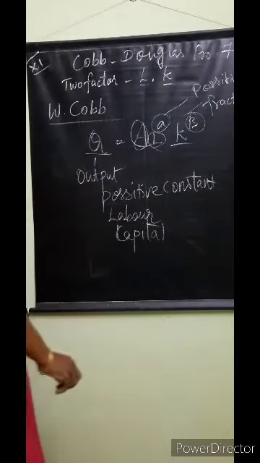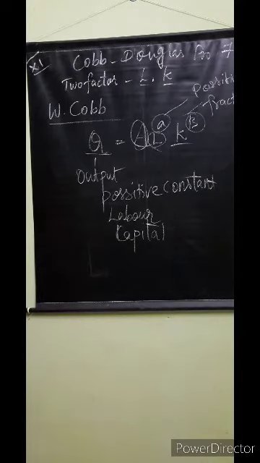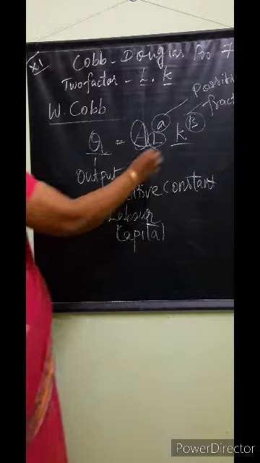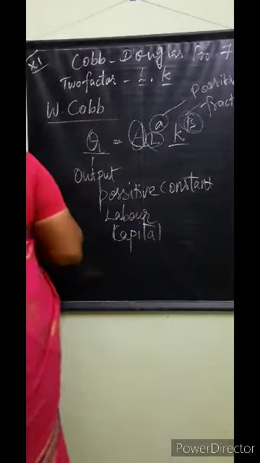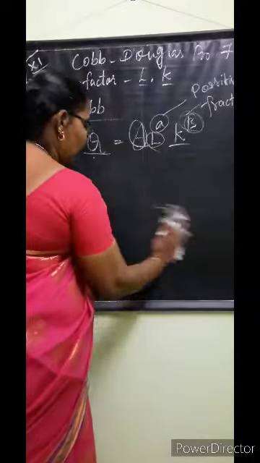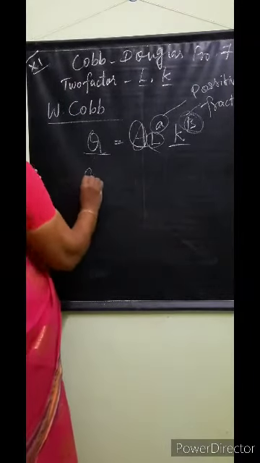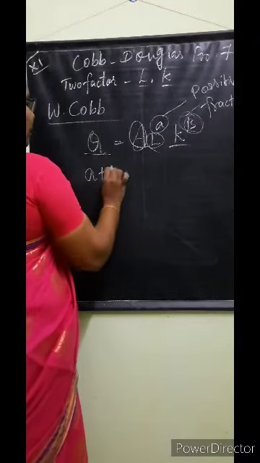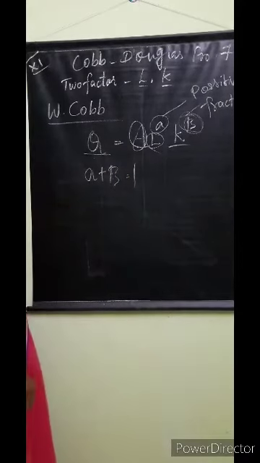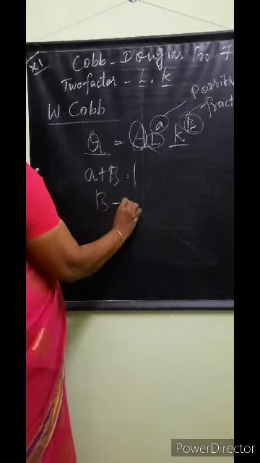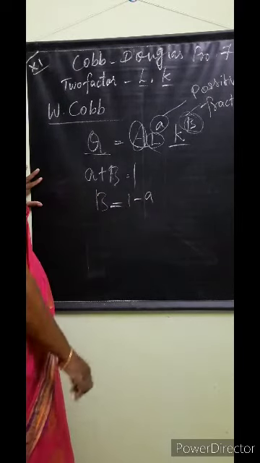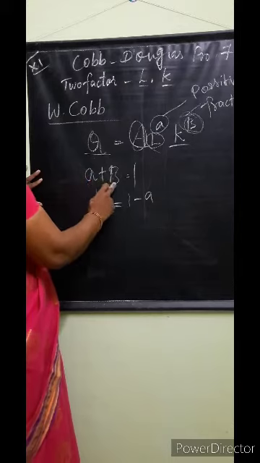This is a famous theory, girls. The formula for the Cobb-Douglas production function is Q equals A L^alpha K^beta. Here, if you want to calculate beta, for example alpha plus beta is equal to 1.